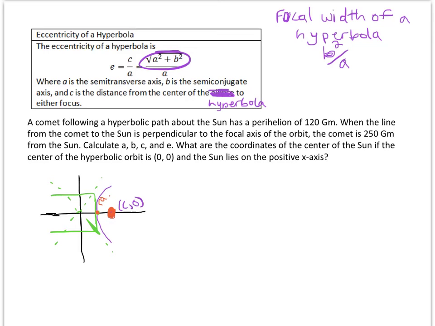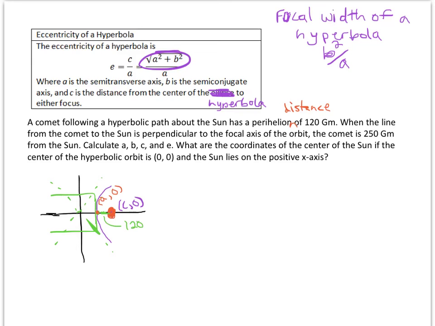It's on the x-axis. That's a comma 0. They tell us in the problem that a comet following a hyperbolic path about the sun has a perihelion distance of 120 GM. What that is talking about is that this distance inside here is 120.